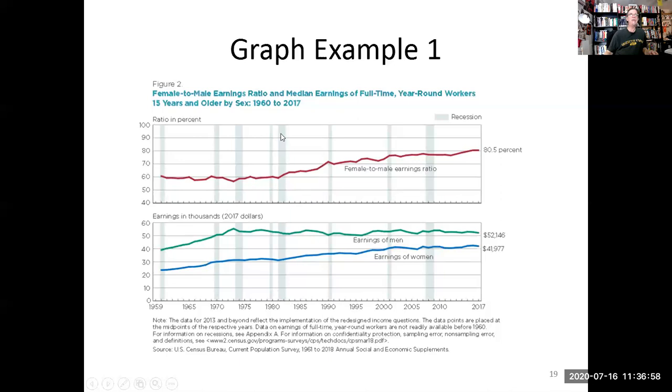And I need to retract when I mention comparable types of work. I don't think that is a factor here. That's just raw income, and this would not include a woman that stayed at home to raise children. So that's not a factor. This is full-time employed women and men.